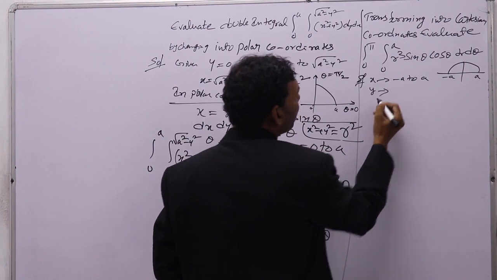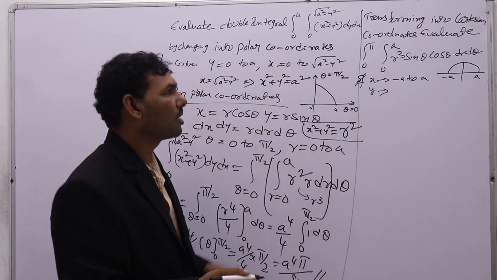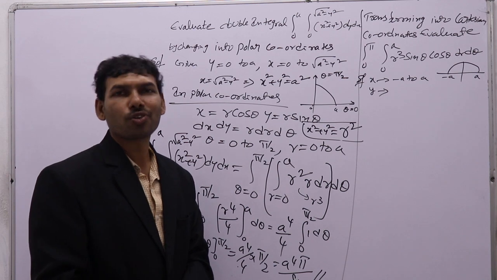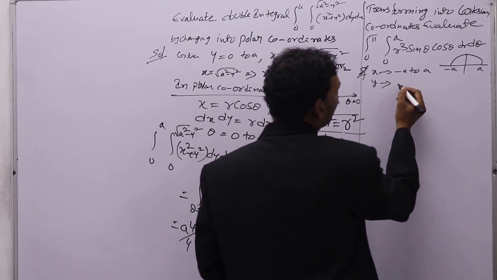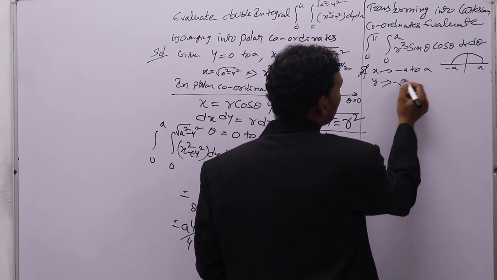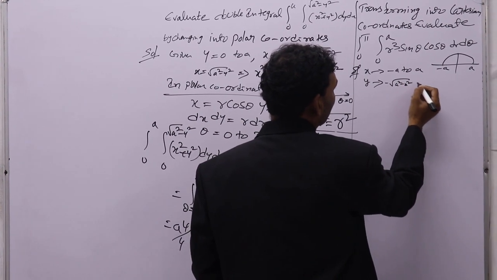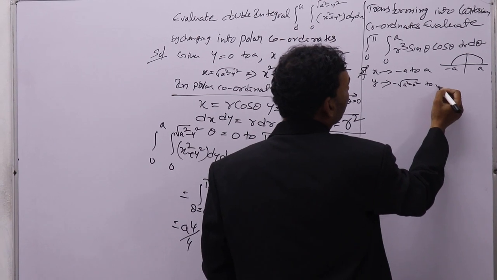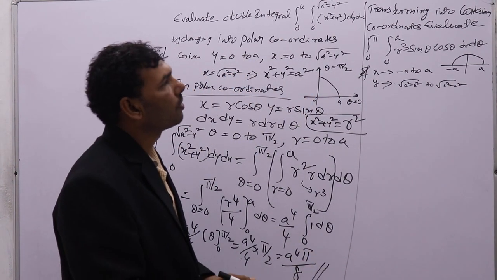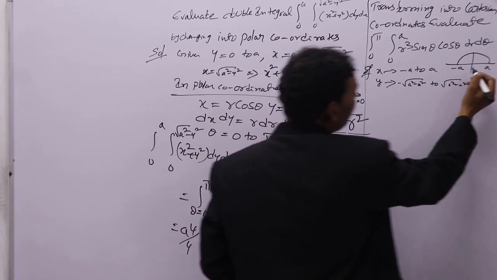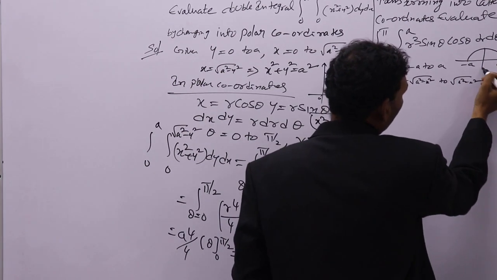And y limits we need to write in terms of x. Because that is a circle, x square plus y square equal to a square. Then y limits you will get from minus root a square minus x square to plus root a square minus x square. So here y limits will be positive only from here to here, not from here to here.